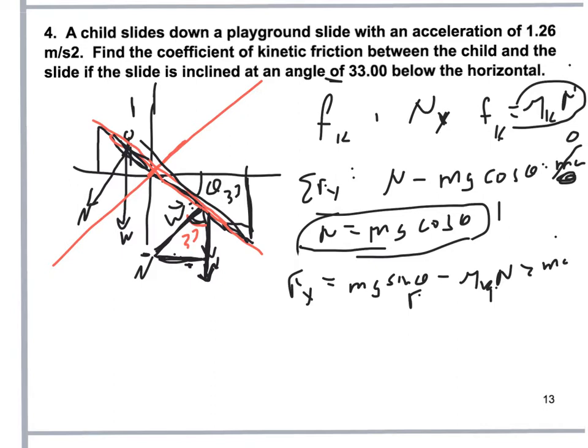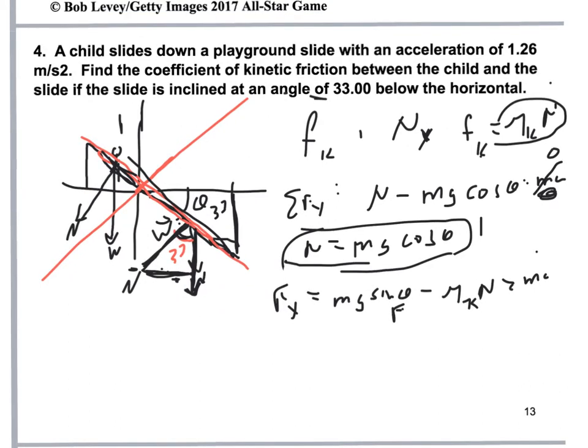So when we see our two equations for x and y, we want to be able to solve equation 2 for mu sub k. So let me fix that up a little bit. So now we want to actually go ahead and solve equation 2 for this mu sub k.